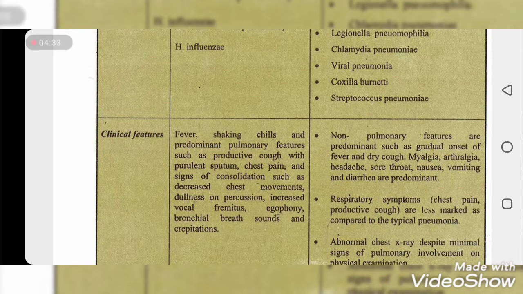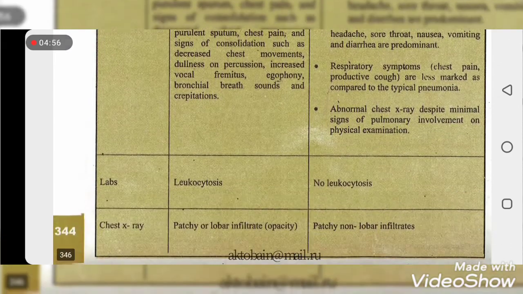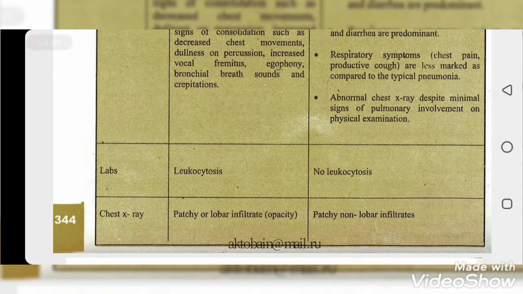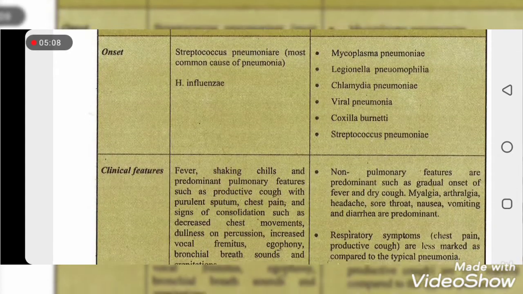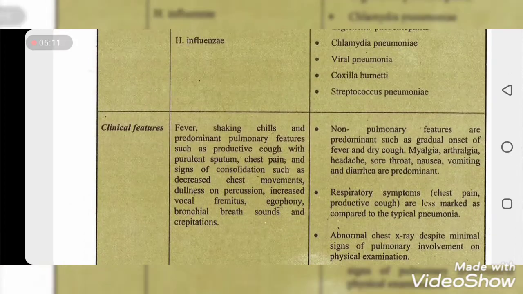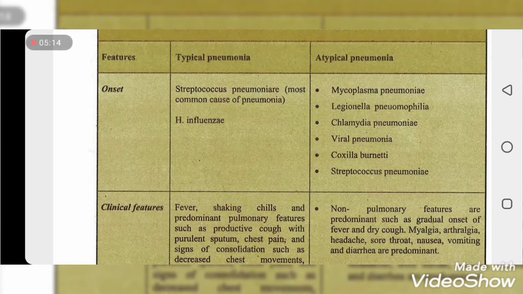Clinical features of typical pneumonia: fever, shaking chills, and predominant pulmonary features such as productive cough with purulent sputum, chest pain, and signs of consolidation such as decreased chest movement, dullness on percussion, increased vocal fremitus, egophony, bronchial breath sounds, and crepitations. Lab will show leukocytosis, and chest X-ray is done. So those are the investigations, clinical features, and lab diagnosis of typical pneumonia.